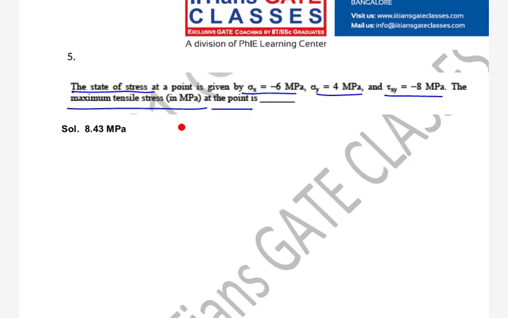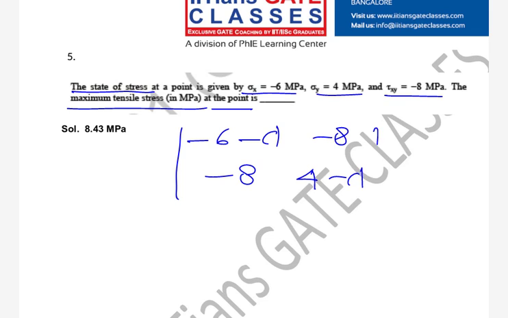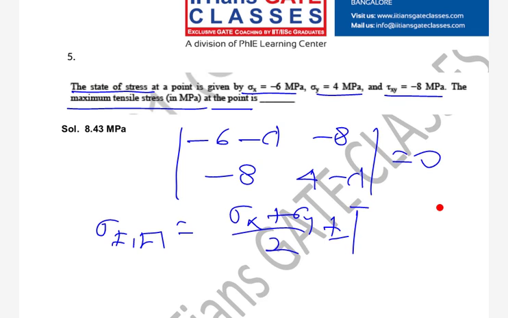One is the matrix method: minus 6 minus lambda, minus 8, 4 minus lambda is equal to 0, and find out the lambda values. Another method: sigma 1, sigma 2 is sigma x plus sigma y by 2 plus minus.